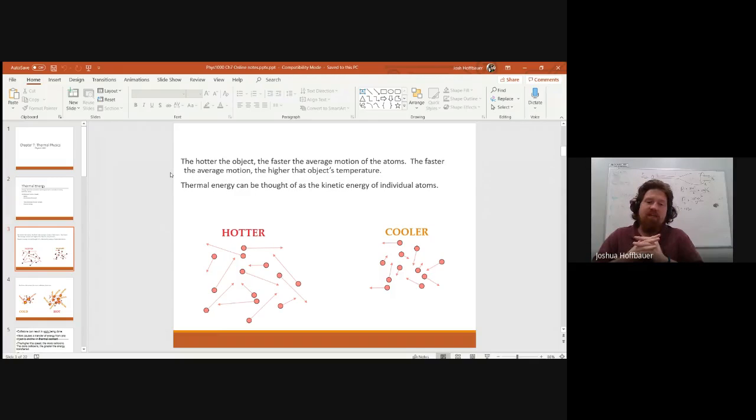What thermal energy is, again, we can only tell that energy exists when we can observe an object possessing thermal energy or any type of energy. When you see an object that has kinetic energy, you know it has kinetic energy because it is moving. You can observe an object having gravitational potential energy because it is some height above some other point and can fall to that point.